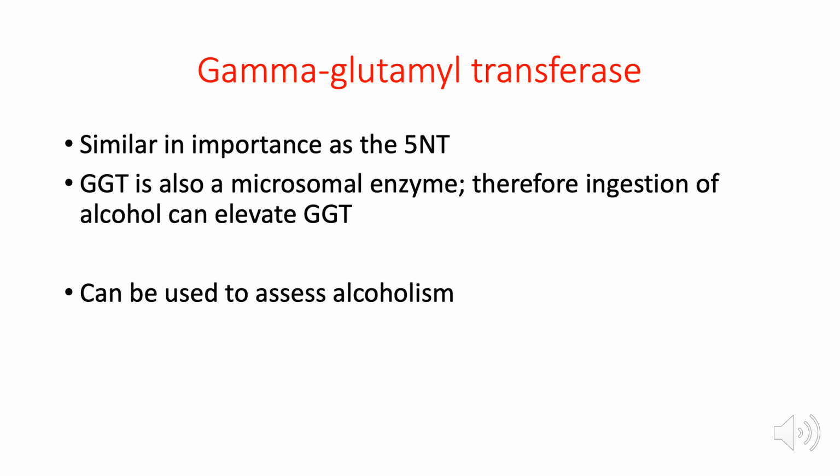In the case of GGT, it is produced in high amounts in the presence of alcohol. So if the person has been chronically drinking alcohol, expect that the GGT enzyme will be produced in high amounts by the hepatocytes. That's why this enzyme can also be used to assess cases of chronic alcoholism.